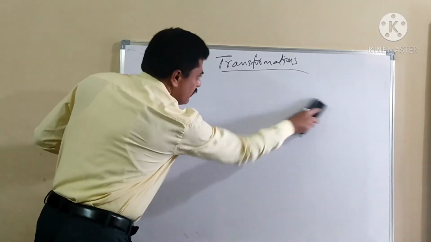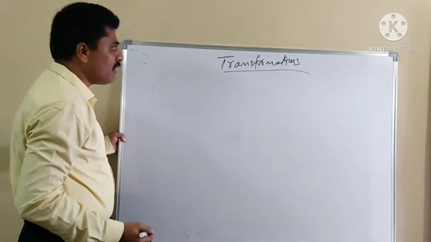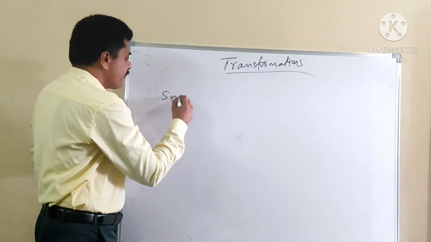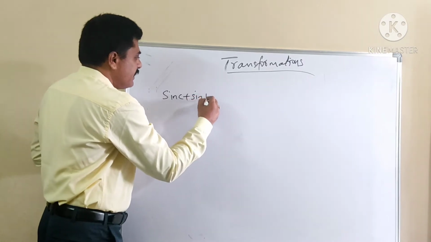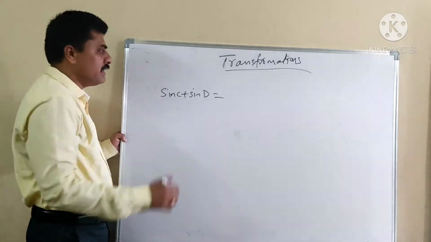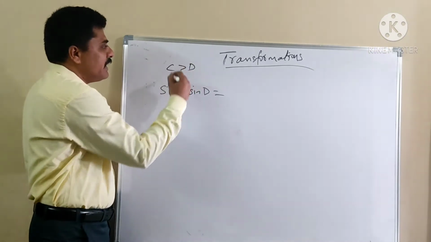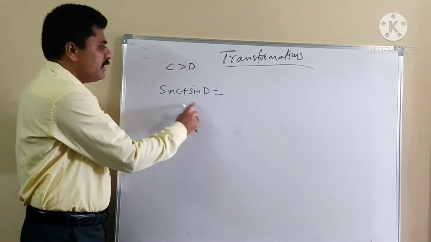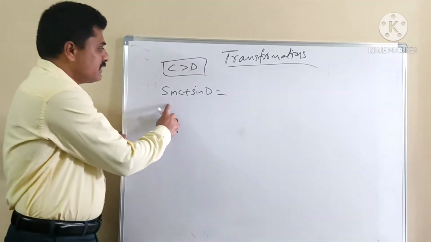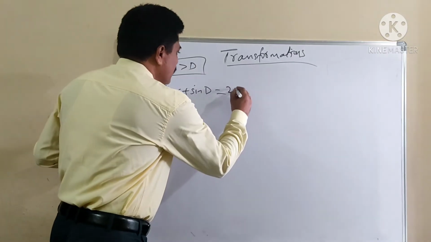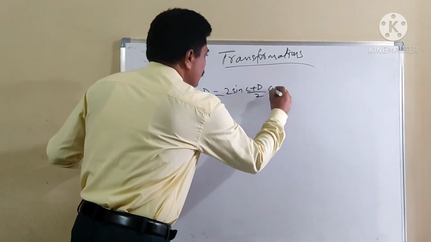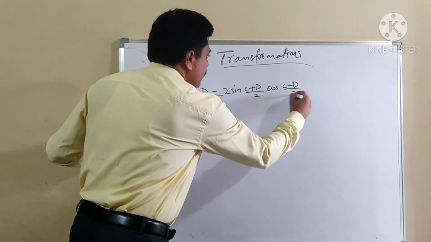My dear students, first we have to know the formulas of these transformations. Sin C plus sin D, where C and D are both angles and angle C is greater than angle D. Sin C plus sin D is 2 sin (C plus D) by 2 into cos (C minus D) by 2.